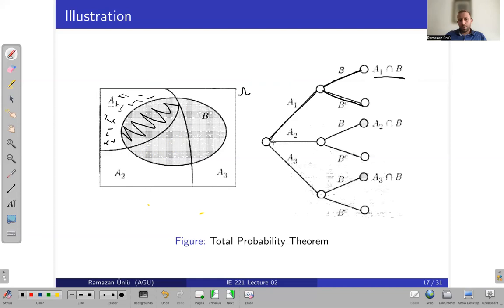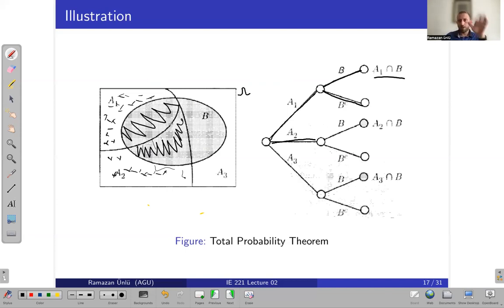The second event can be A2, this whole part. After this happened, there are two possible things. The first one is this part, which is A2 intersect with B, right? And the other part is here, which is B complement, because B is only here and B complement is here. This is when we are given the information that A2 happened.